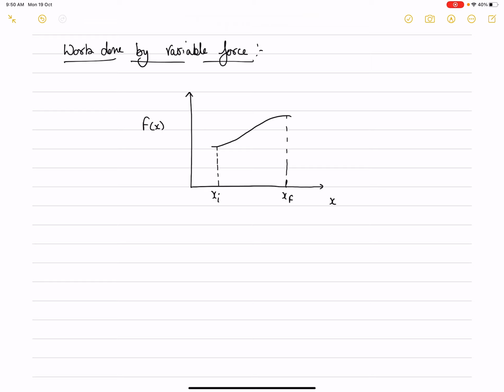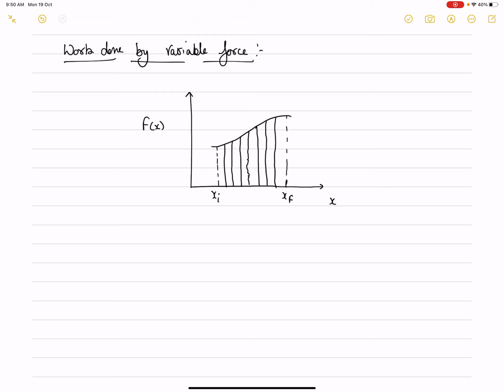How will we calculate it? We'll be dividing it into small portions, as small as the force is considered to be uniform.